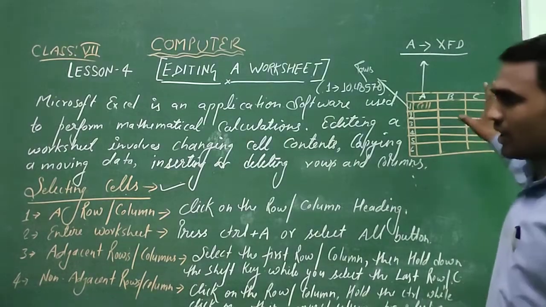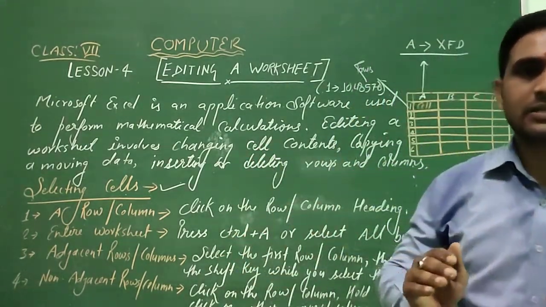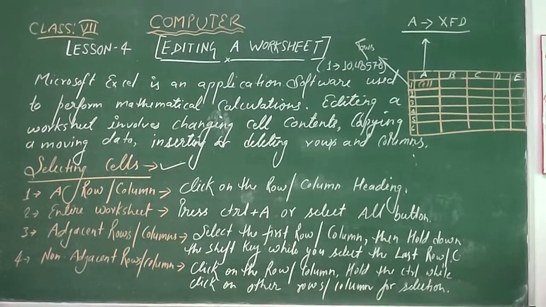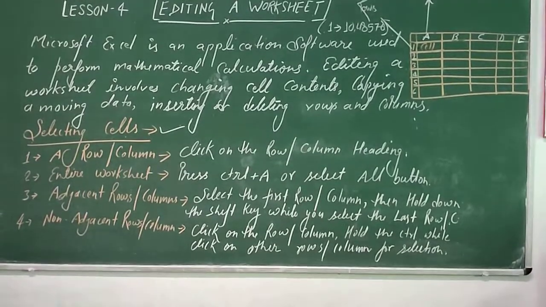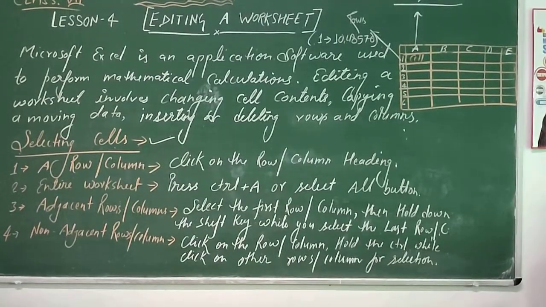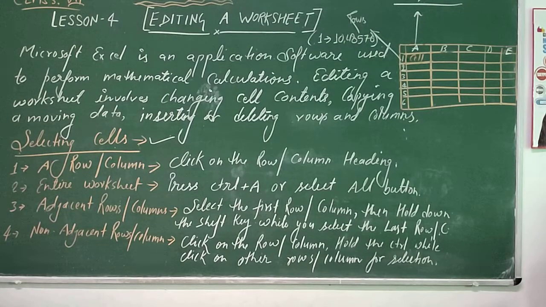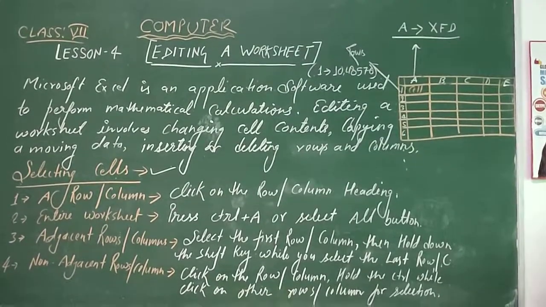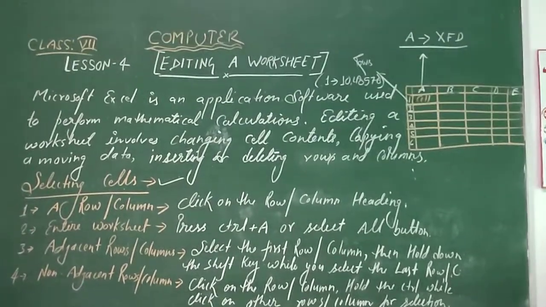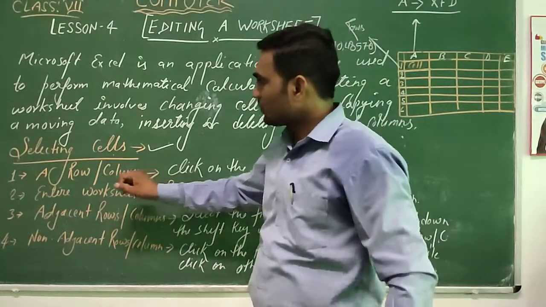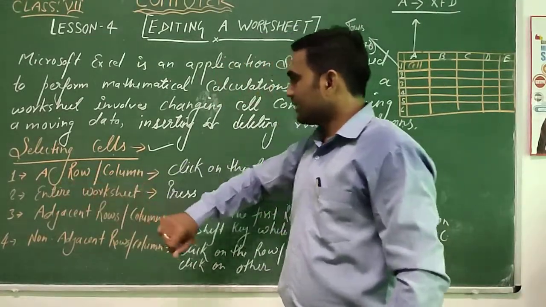Okay, so we have many cells. So how can we select cells in a worksheet? We will perform some operation on a row and a column.